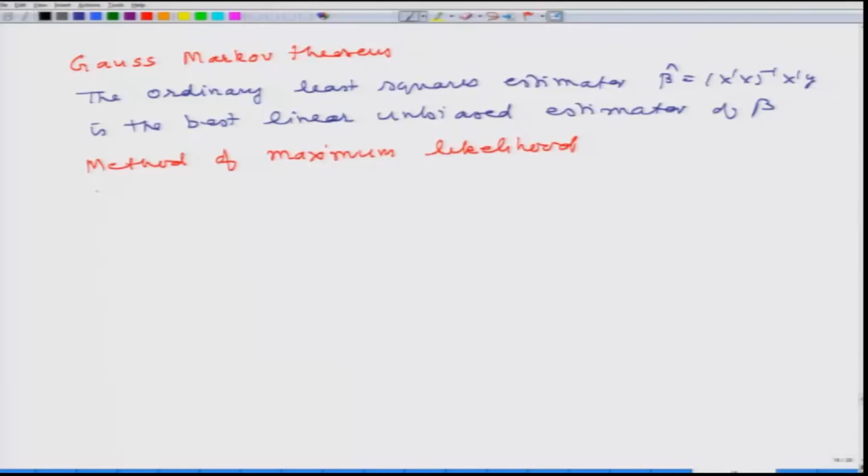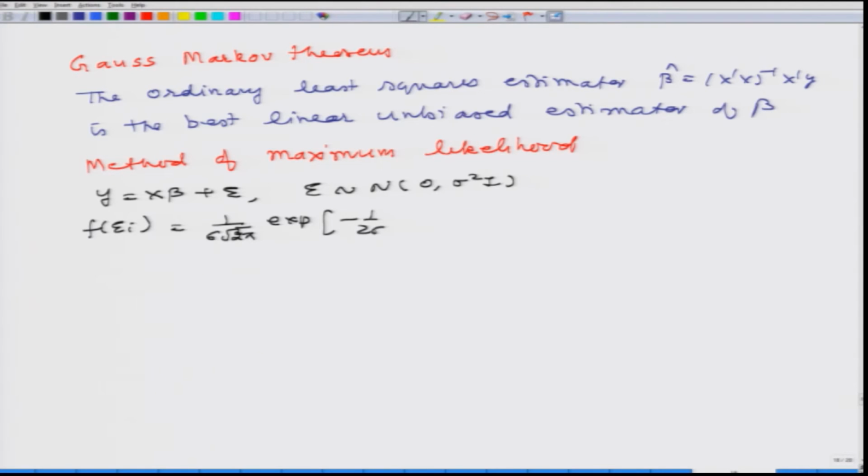So in the model y equal to x beta plus epsilon, we have assumed that the epsilons follow a multivariate normal distribution with mean vector 0 and covariance matrix sigma square I, and we know that the probability density function of epsilon i is 1 over sigma root 2 pi exponential of minus 1 over 2 sigma square epsilon i square, and i goes from 1 to n.